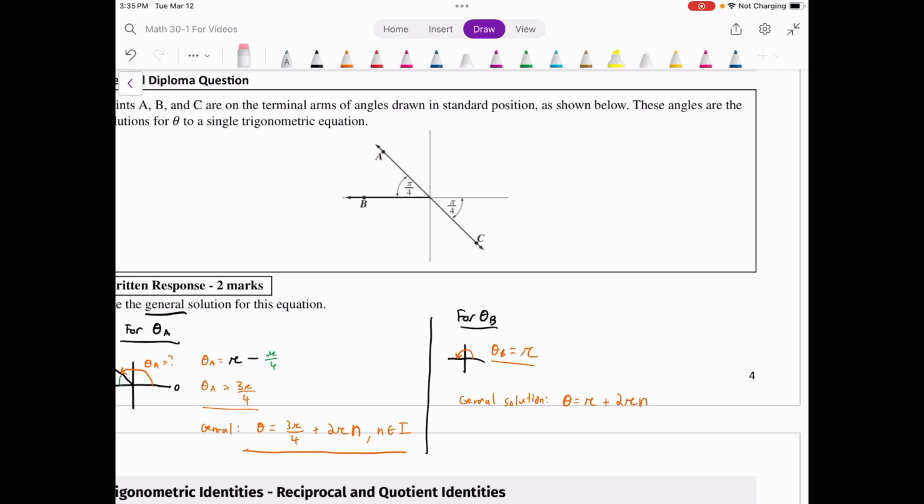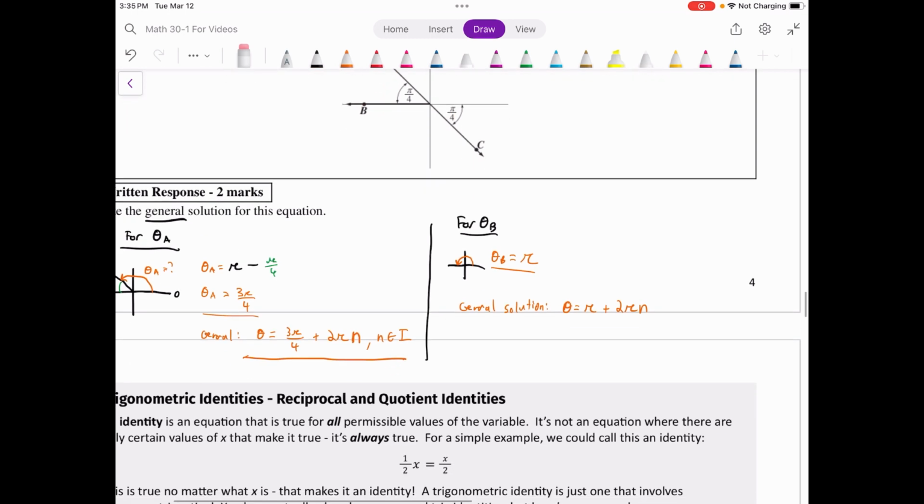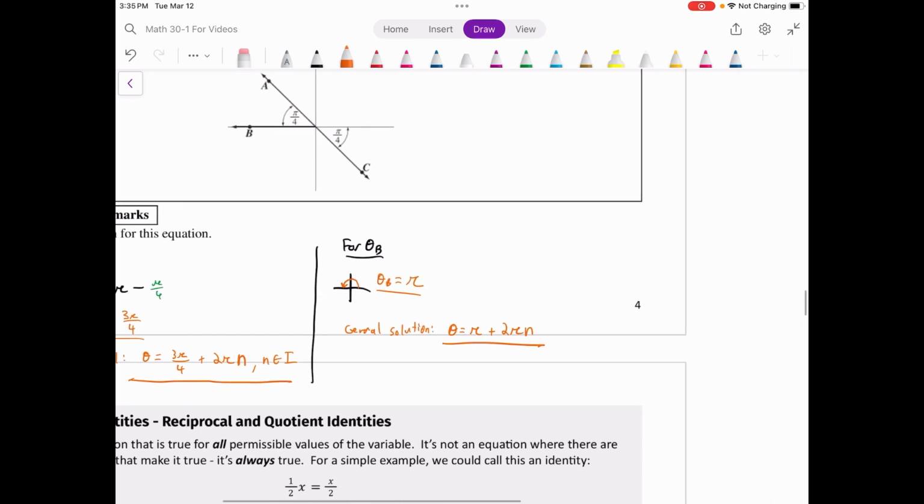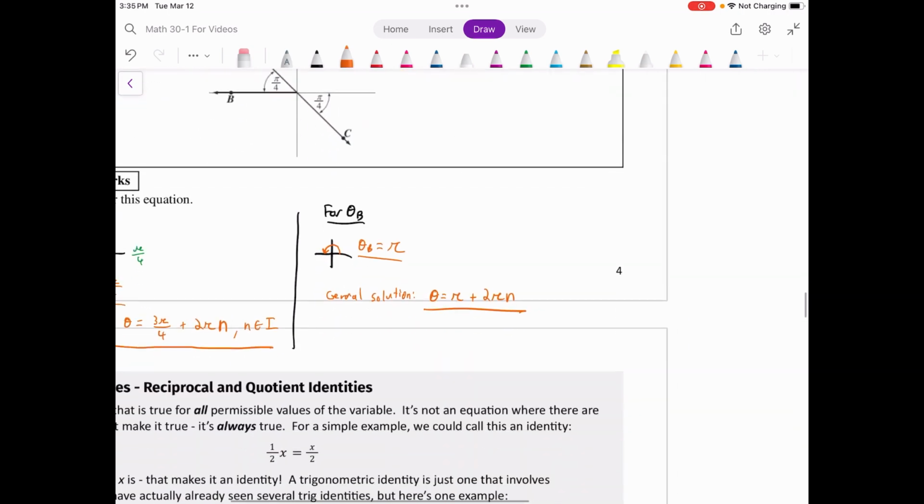How do you get from pi to 3 pi? You add another 2 pi, right? Another full rotation. Okay, and there we go. So if theta b is a solution to this trig equation, so is every angle coterminal to theta b, right? So theta b is pi, then pi plus 2 pi n is also a solution.